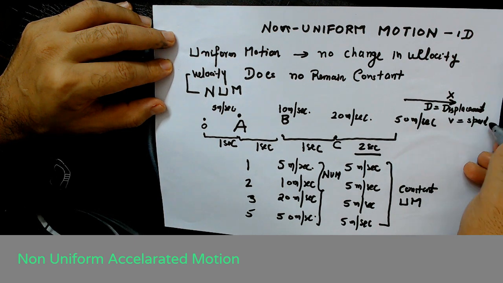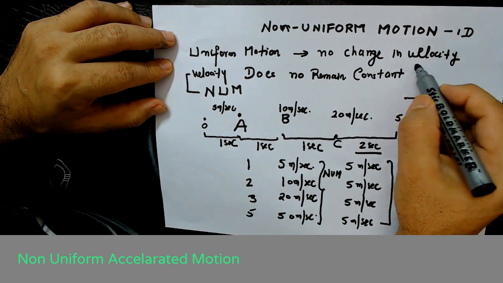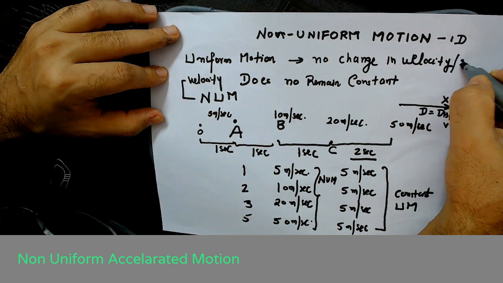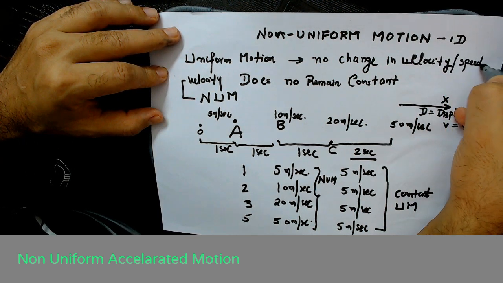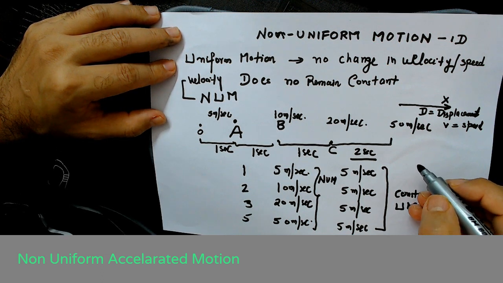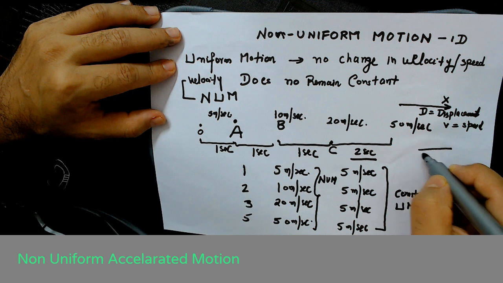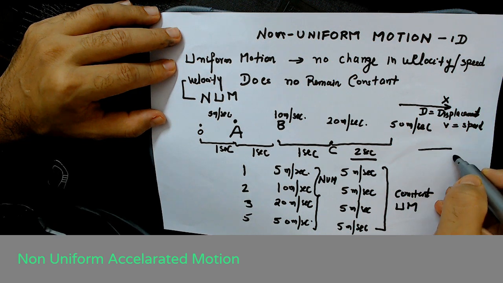So you can use the words interchangeably. Don't get worried about the use of the word velocity or speed when it's about 1D motion. Okay, the direction is in a straight line, and therefore both the scalar quantity and vector quantity fortunately have the same magnitude. So we're talking from the magnitude point of view.